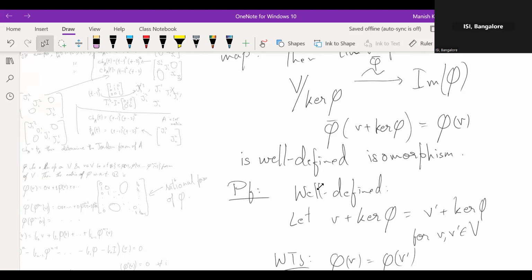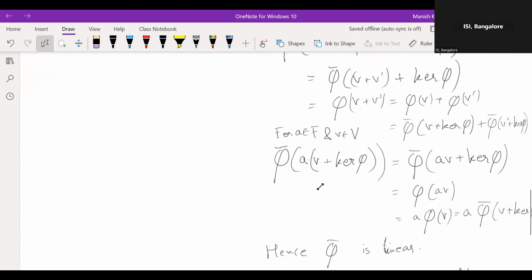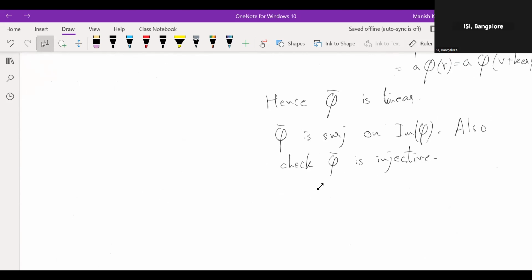A linear map between same dimensional vector spaces is an isomorphism if it is surjective. You don't need to check both injectivity and surjectivity if the dimensions of the two spaces are the same. So you can use that or directly prove that it is injective.